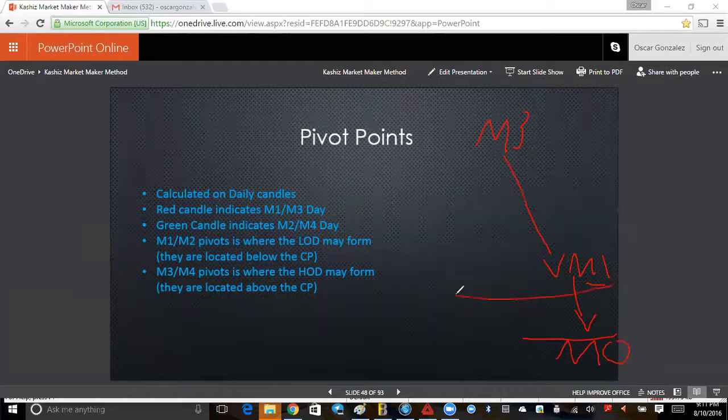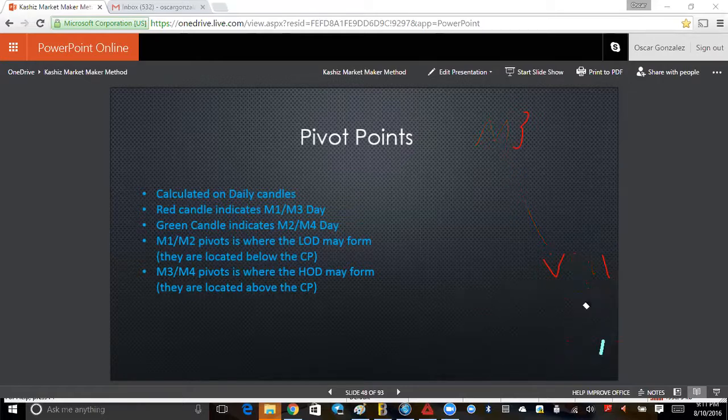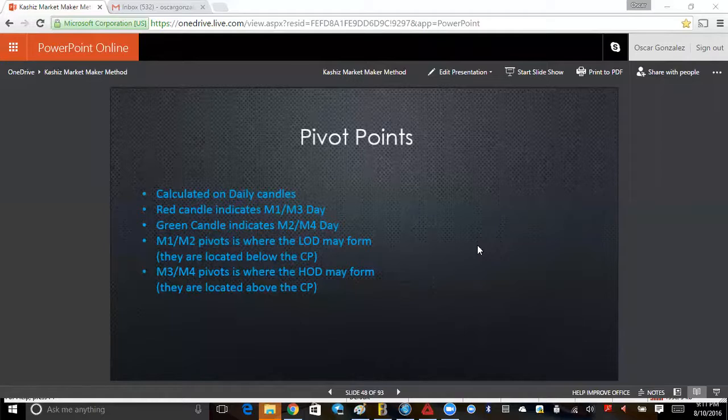So if this breaks here, you can put a trailing stop here, aim for this area, and book your profit right there. Most of the time when they break a pivot, that's what will happen. So this is how you use the pivot points to help you understand. So let's look at the next slide.